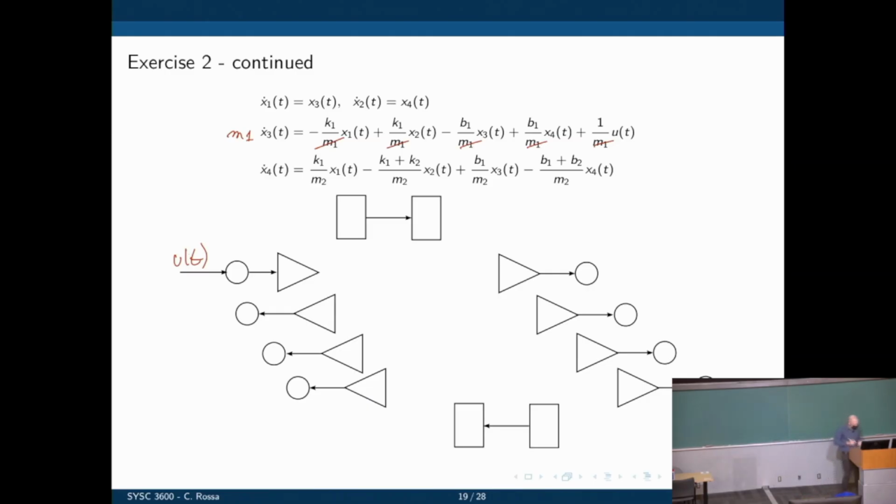So we're starting with u of t. That's the first element. To u of t, we have to add b1 times x4. Now we have the second element. We'll find x4 somewhere later. What else do we need? You need to add negative b1 times x3. This is this term. So that's negative.